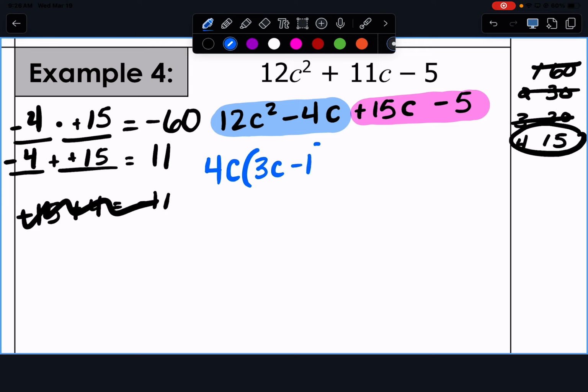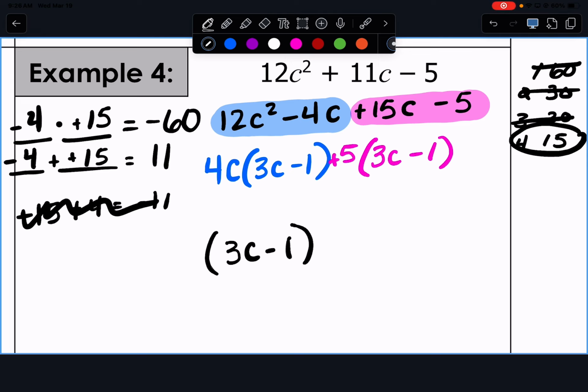Negative. For the second half, what is our GCF? 5. Okay, what is that going to leave us with? 15. So what's the same? And then what's left over?